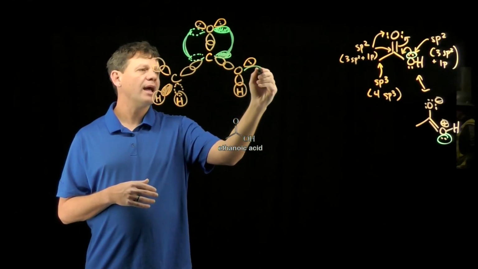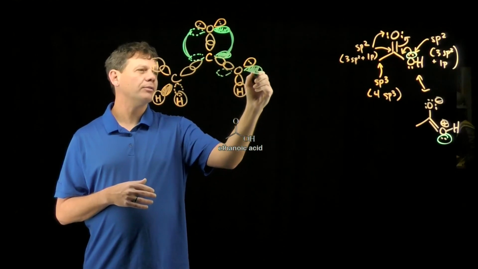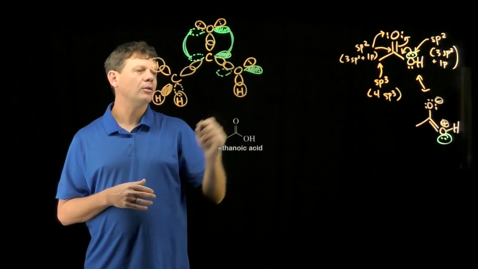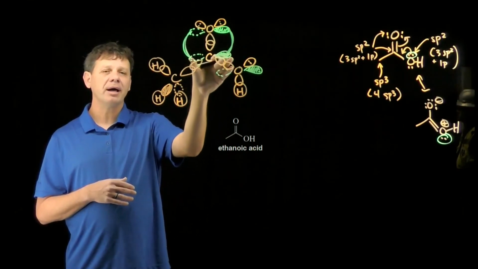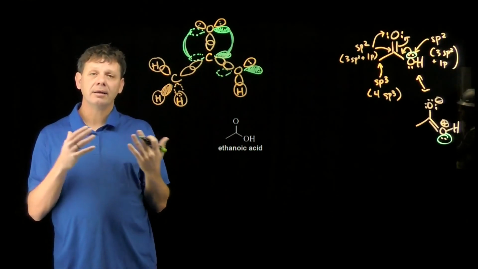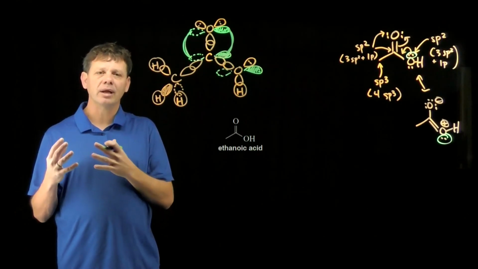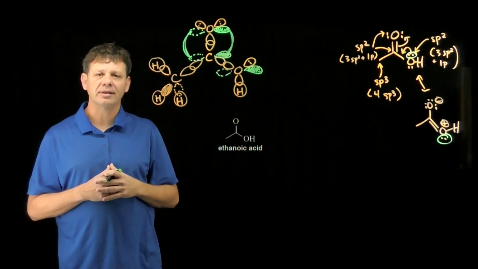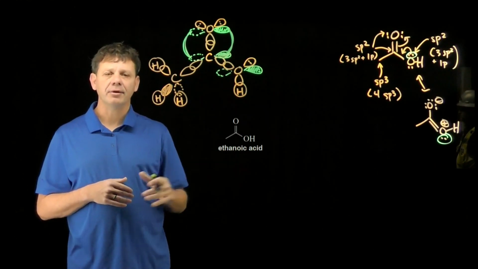And so we'll show that lone pair as being here. I'll dash most of it, but let's stick that lone pair there. That shows that this lone pair is aligned with the pi system, which is why we have resonance happening, or that's a consequence of the fact that resonance structures can be drawn for carboxylic acids. This is the molecular orbital picture of ethanoic acid.